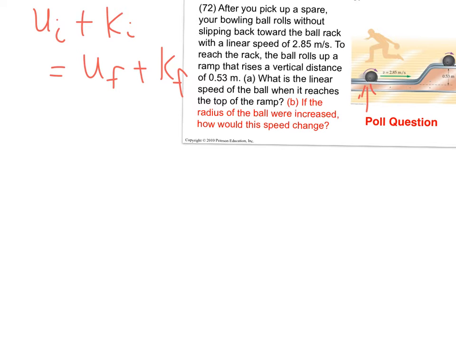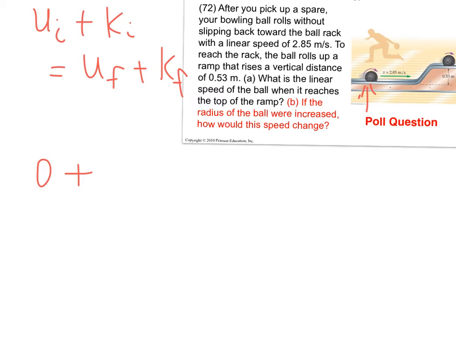Now, initially, you are down at the bottom of the ramp. And if you call that the zero of potential energy, in other words, you call that level y equal to 0, then mgy would be 0. Therefore, you have 0 for the initial potential energy, and then you have your kinetic energy.